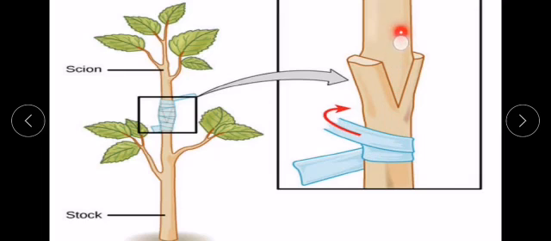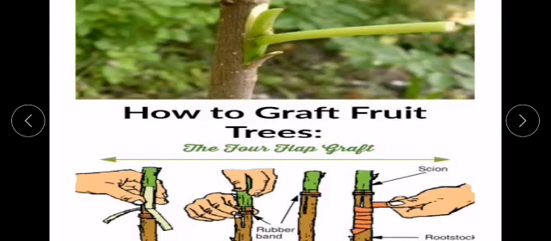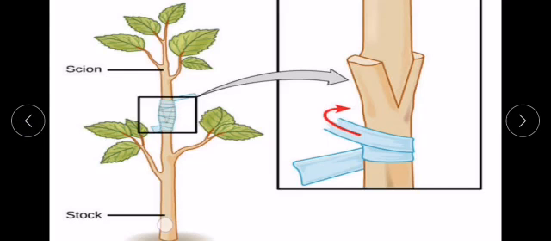Both parts from two different plants are grafted like this, and then this grafted part becomes a part of this plant and starts growing over here. So in this way we can make this inferior quality plant a superior variety of plant.